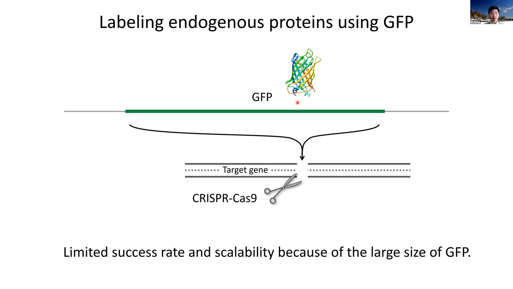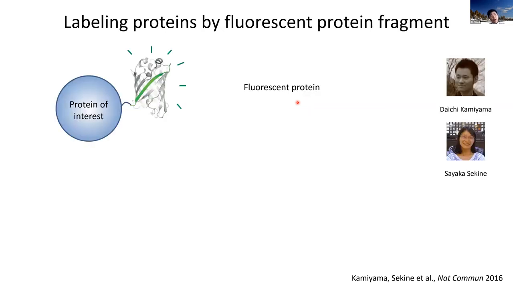And this is what we have set out to solve, the challenge we try to address. And we're thinking, okay, the problem is because GFP is big. Can we have a much, much smaller tag that is also fluorescent?